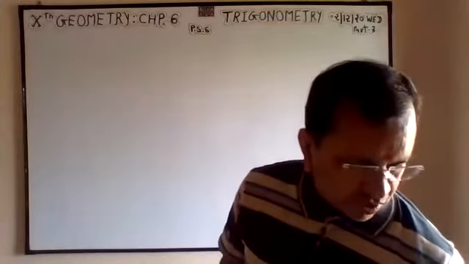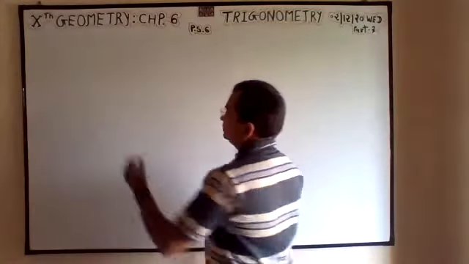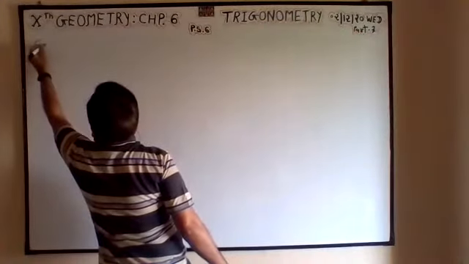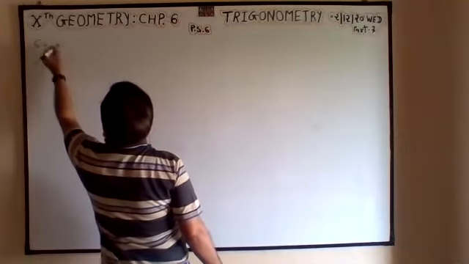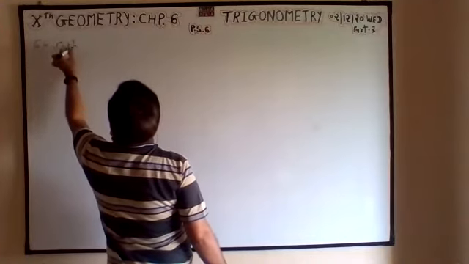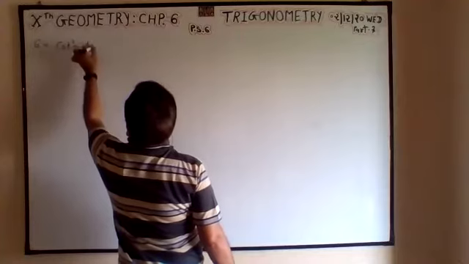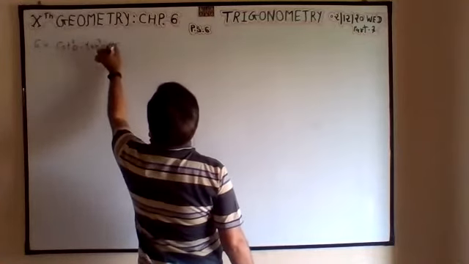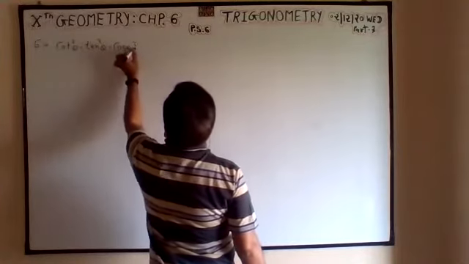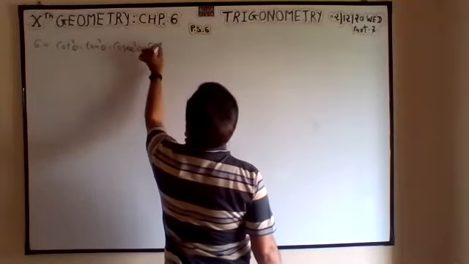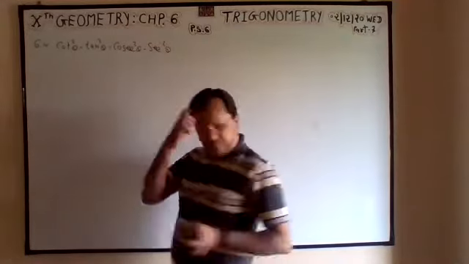Number is of sixth 4. Cot square theta minus tan square theta is equal to cosec square theta minus sec square theta.